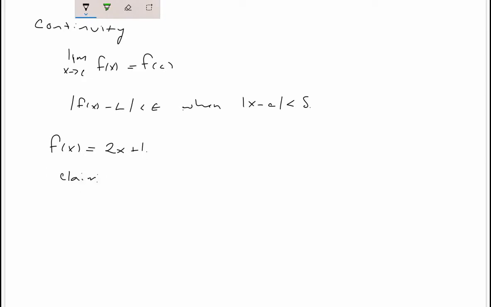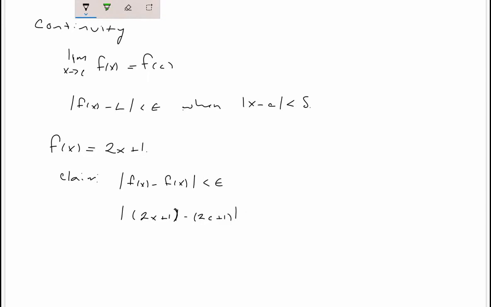The claim we want is that the absolute value of f of x minus f of c is going to be less than epsilon. Now, f of x minus f of c is nothing more than 2x plus 1 minus, in parentheses, 2c plus 1, because that's what f of c is.